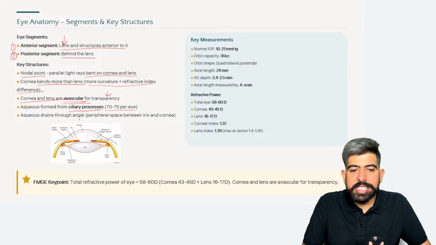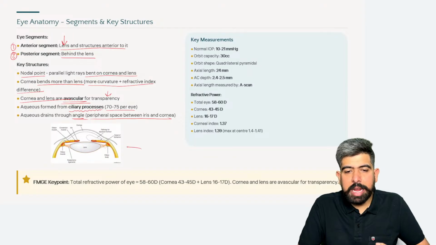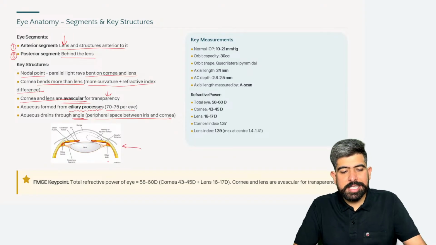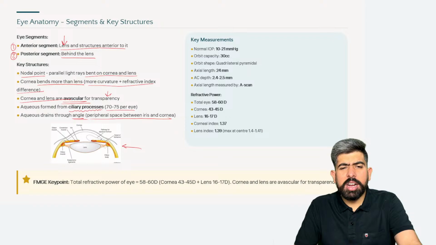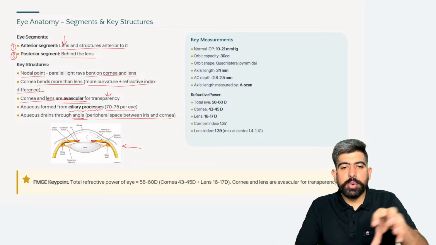And you know, aqueous drains through the angle, which is the peripheral space between the iris and the cornea. You can see here, I already put in a diagram. This is the aqueous draining process. How will the aqueous drain out?